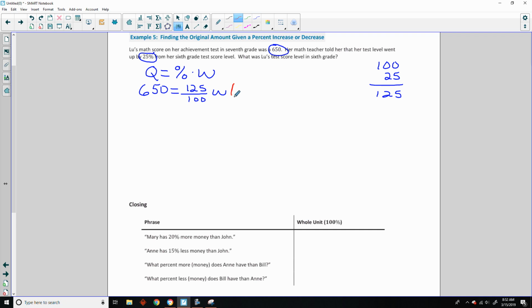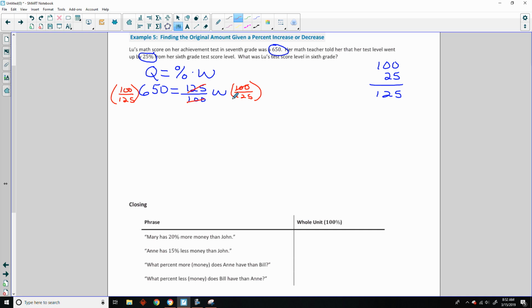Okay, it's very similar to the cat problem. I want to multiply both sides by the reciprocal of 125 over 100, which is 100 over 125. The inverse operation with fractions is the inverse, or reciprocal. And what you do to one side, you do to the other. So 100 divided by 125 over here.